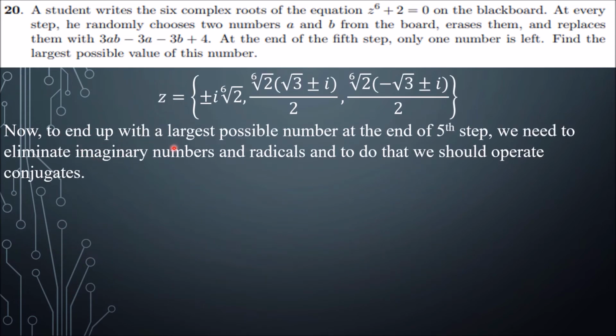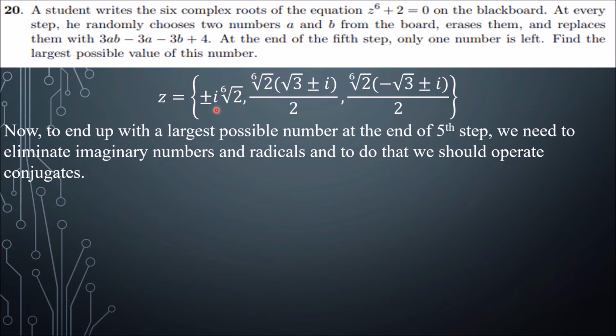Now, to end up with the largest possible number, because we need to find the largest possible value, at the end of the 5th step, we need to eliminate imaginary numbers. So this one here, these are imaginary numbers. And radicals. So the radicals, we need to eliminate them. And to do that, we should operate conjugates.